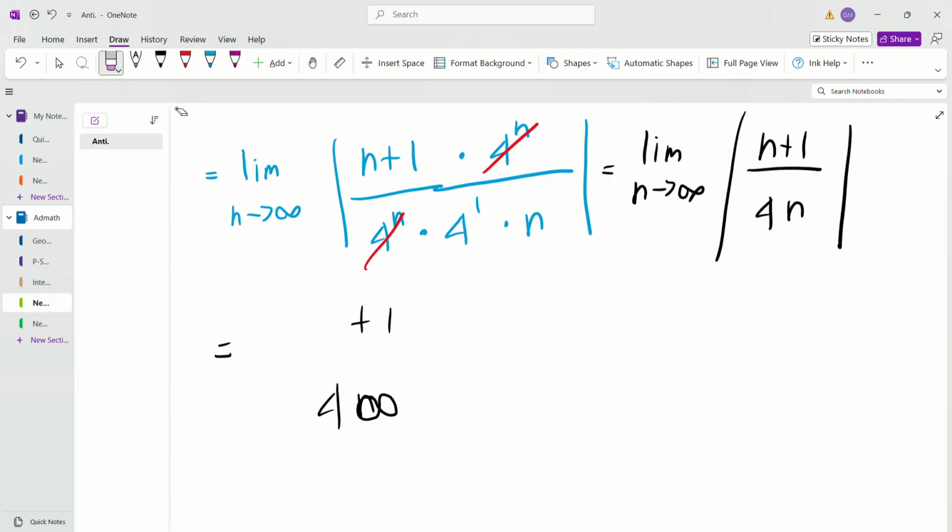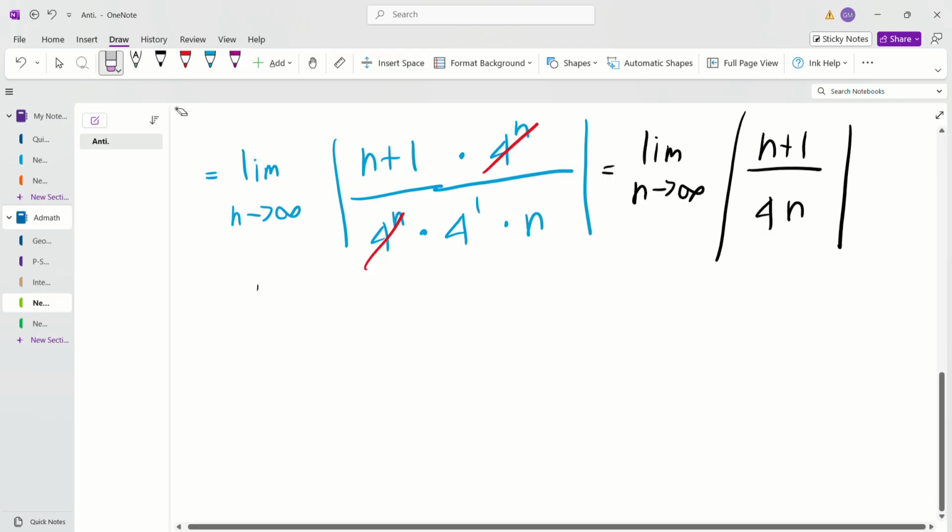Or maybe we can do this differently. Let's further simplify it again.